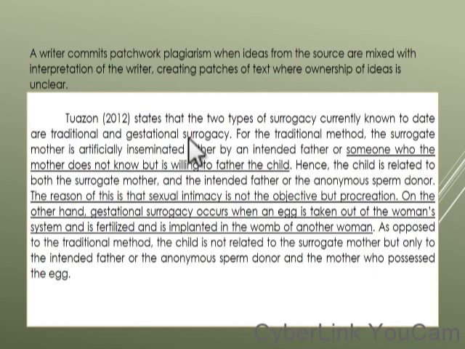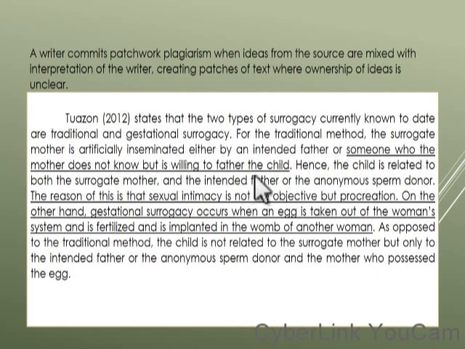Tuasan states the two types of surrogacy currently known to date are traditional and gestational surrogacy. For the traditional method, the surrogate mother is artificially inseminated either by an intended father or by someone the mother does not know but who is willing to father the child.